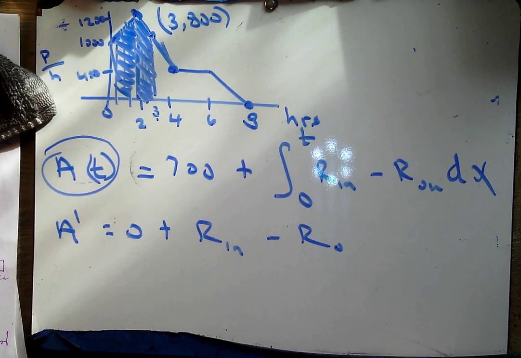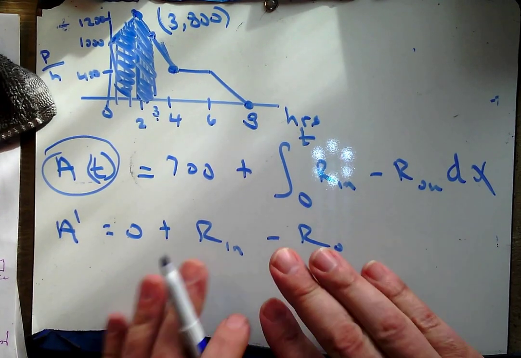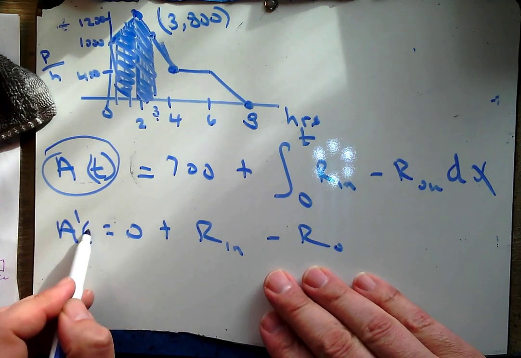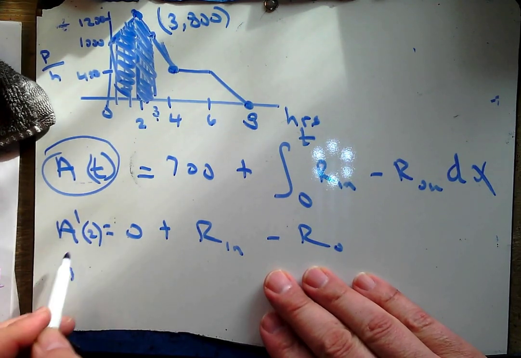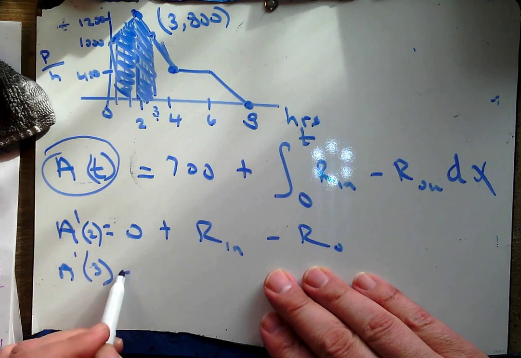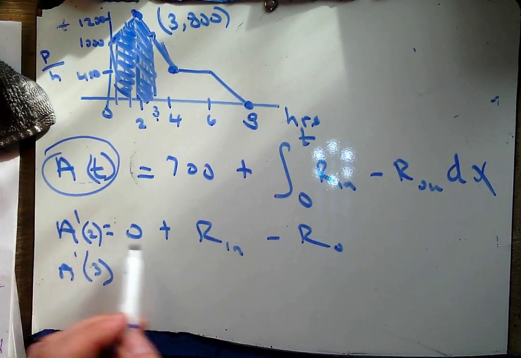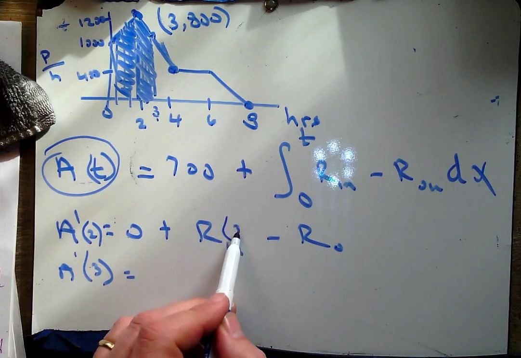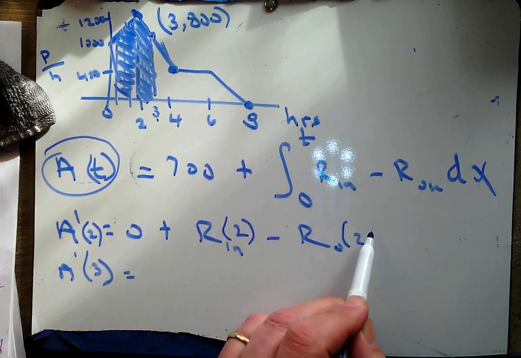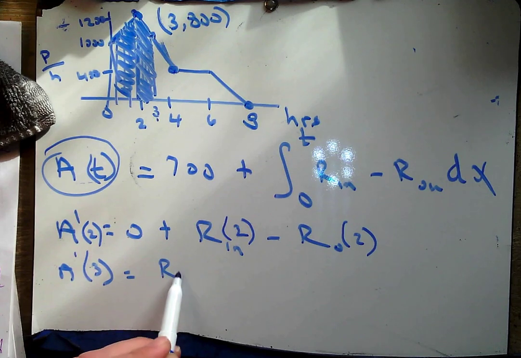Okay, so is r in minus r out positive at 2, positive at 3? I need to figure out what is happening at time equal to 2 and again at time equal to 3.